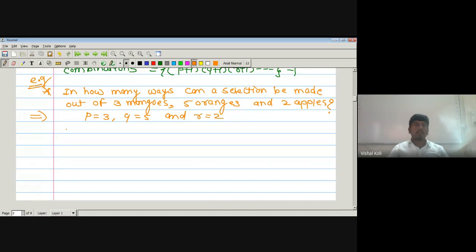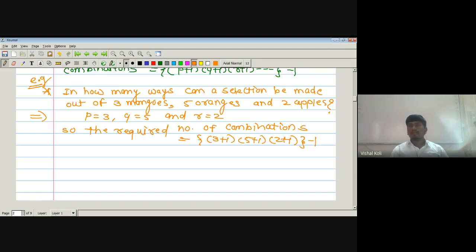So the required number of combinations are p plus 1, that is 3 plus 1, q plus 1 is nothing but 5 plus 1, r plus 1 is 2 plus 1, and minus 1, which is equal to 4 into 6 into 3 minus 1.